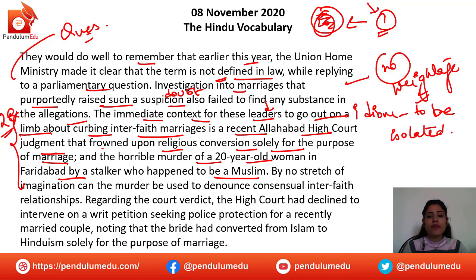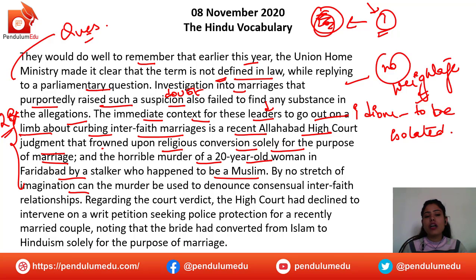So if you see, there was involvement of people from this particular community, and these incidents were stated as an example of coming up with a defined law for this. By no stretch of imagination can the murder be used to denounce consensual interfaith relationships.